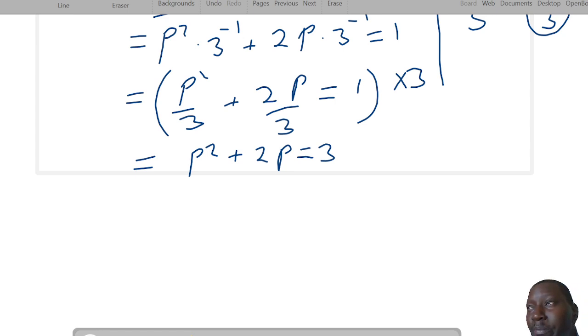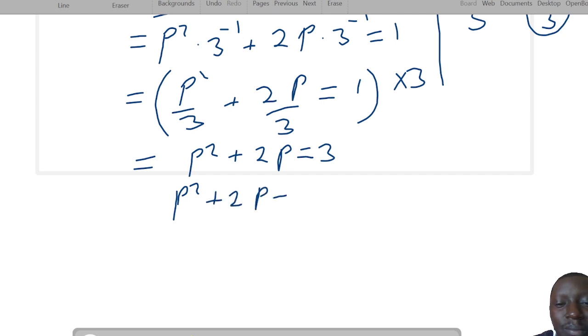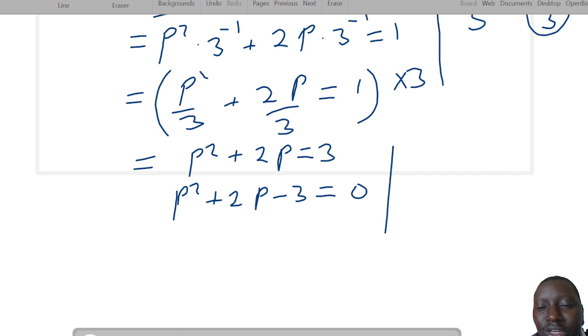And of course, we know that p is equal to 3 to the power of y. So basically, I'll have p squared plus 2p minus 3 is equal to 0. So I'll want to factorize, and in so doing, it implies that I need numbers whose sum is 2 and whose product is negative 3.